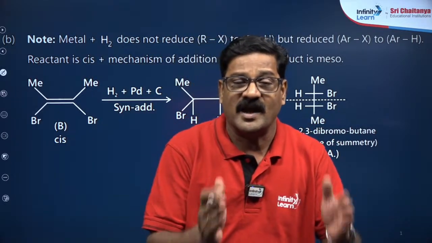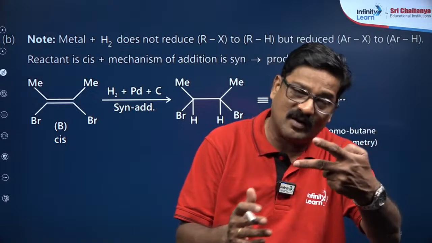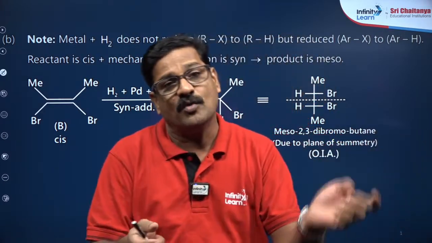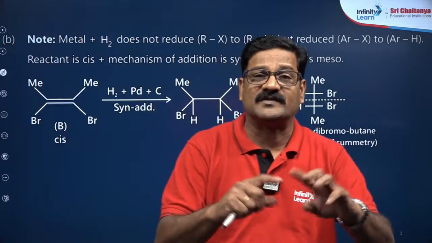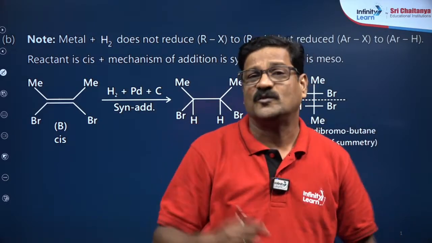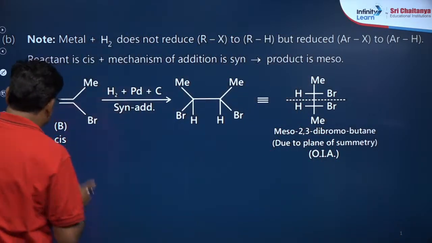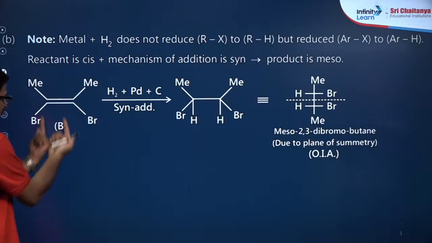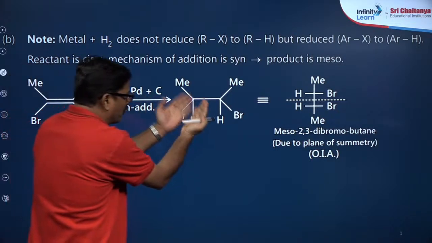Syn addition means addition from one side of the plane. If addition takes place on both sides of the plane, that is called anti addition. Here syn addition takes place. So this is a cis isomer. So if hydrogen is added here, this is your product.